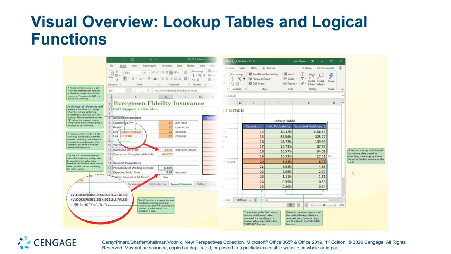If that is true, a yes will be displayed. And you'll notice the yes is enclosed within quotes. If it's not a cell reference and it's text that you need to be able to see, it must be enclosed within those double quote marks. If the evaluation of that comparison is false, then a no will be displayed on the screen. And again, note the double quotes around the word no.